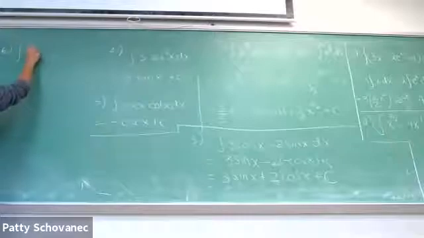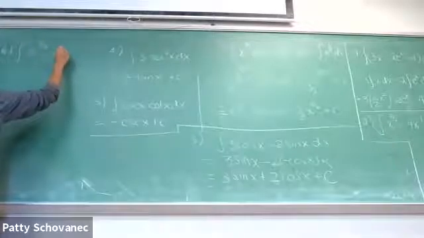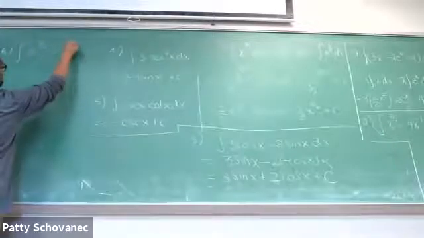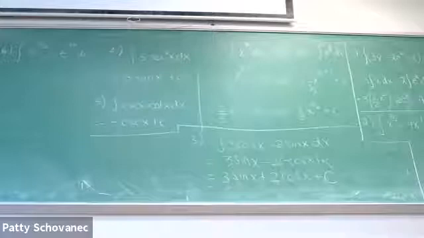We're integrating e to the x over 2 minus e to the 4x. We're using the e to a constant times x rule. Or you can always just take the derivative and undo the number you get when you take the derivative.